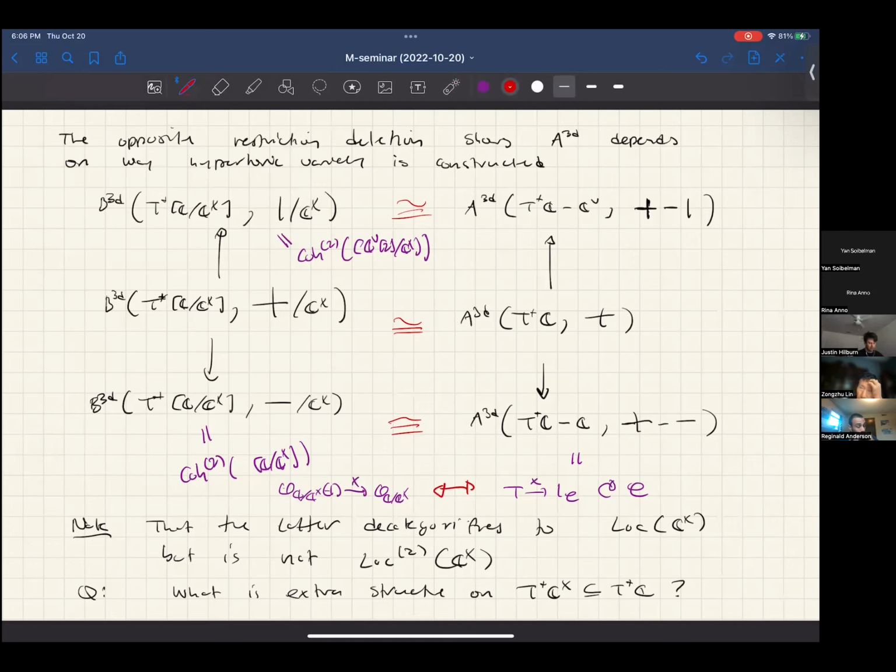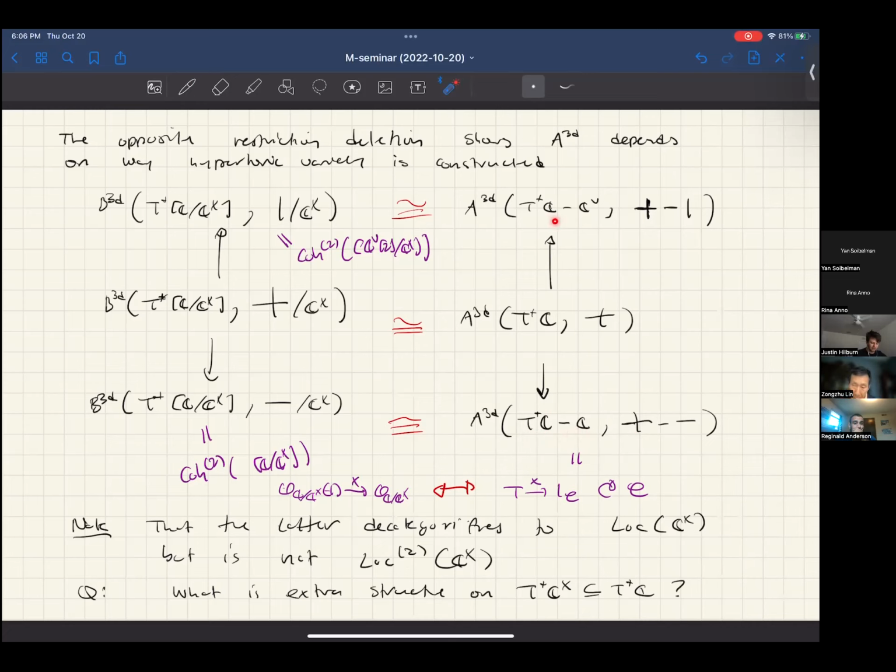So at least this gives you some example of what this deletion contraction looks like. And this is one of the examples I had mentioned earlier, where things are a little bit interesting, because these categories here are not actually equal to loc 2 of C star, which is what you might have imagined if you just take T star C and remove C from it, or remove C dual from it actually is better.